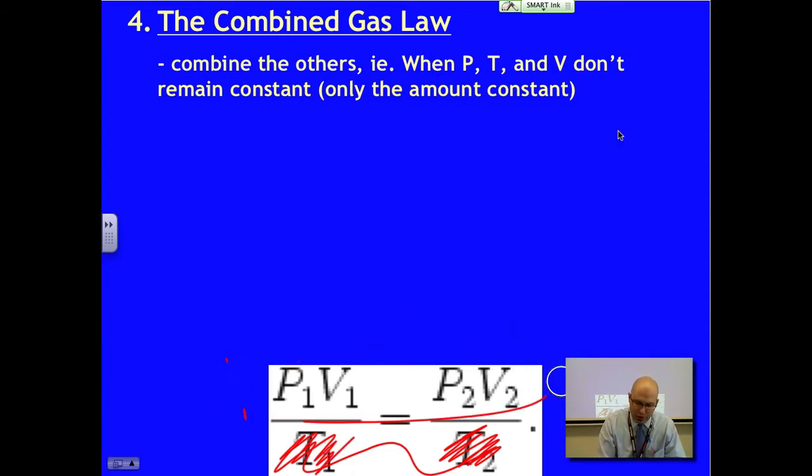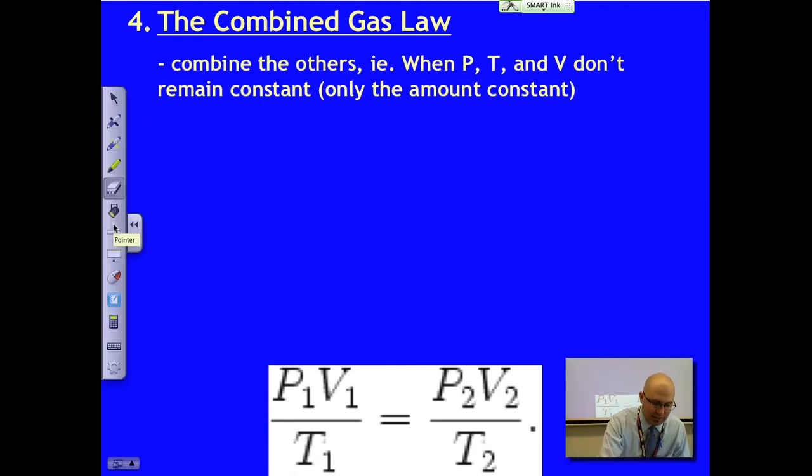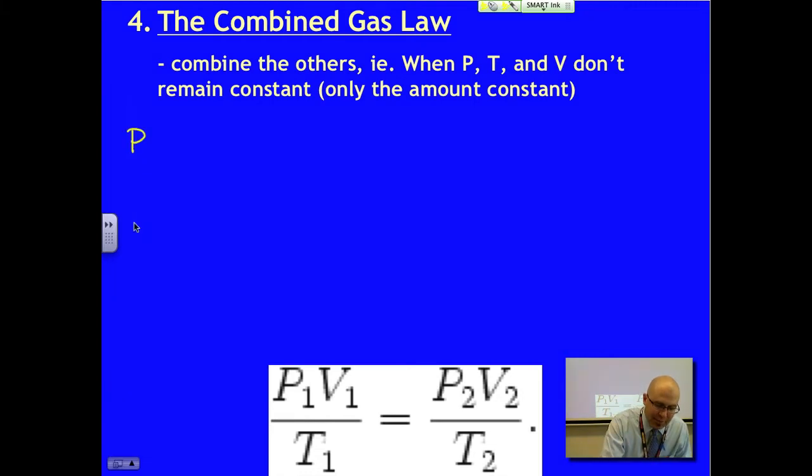Okay? So let me show you an example. Let's go to a different color. Let's say we have our pressure in the first situation. How that would read in a problem would certainly differ, but it could say: on Tuesday, Mr. Markey records the pressure of a system to be 1.25 atmospheres.